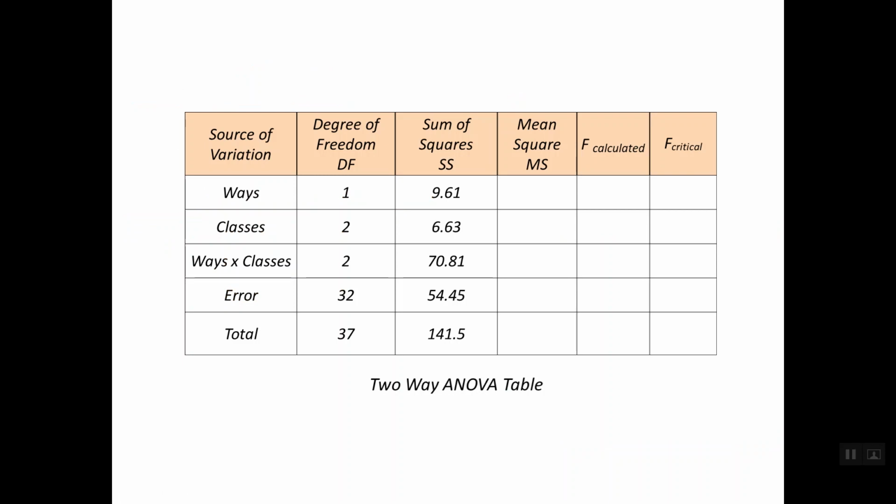So we have calculated all the SS needed. This is for the ways, this is for the classes, this is for the interaction, this is for the error, and this is the total.